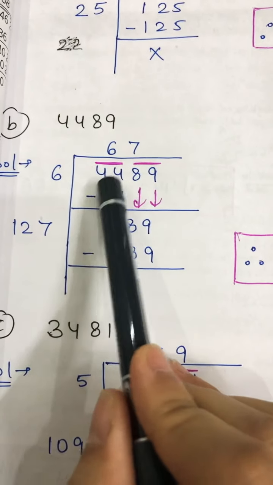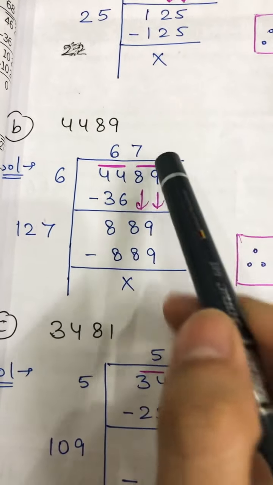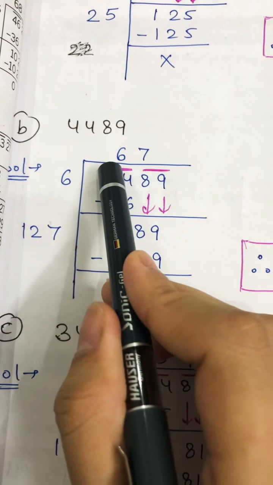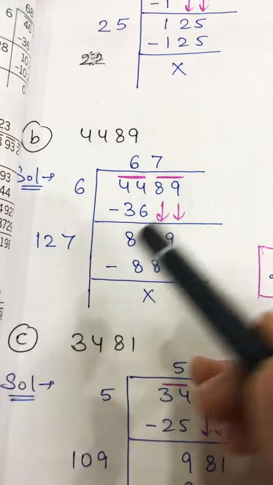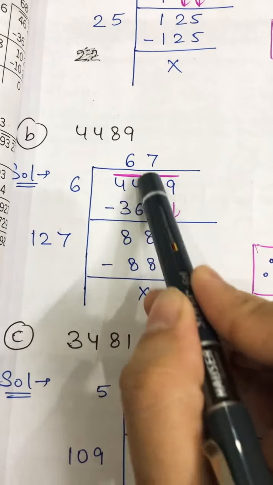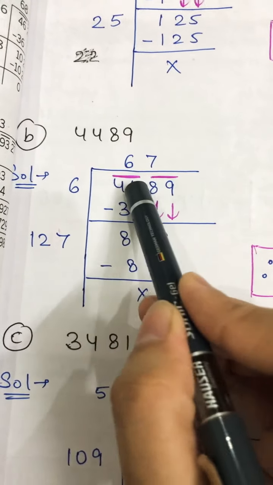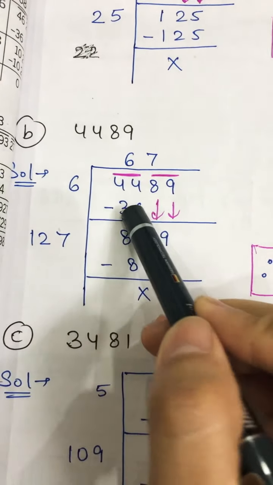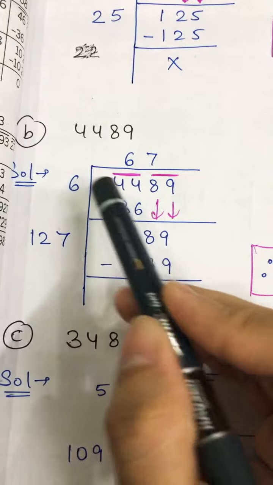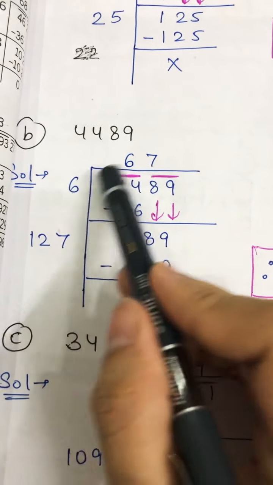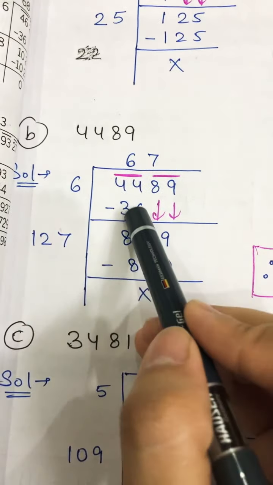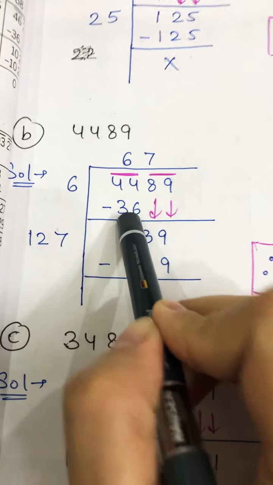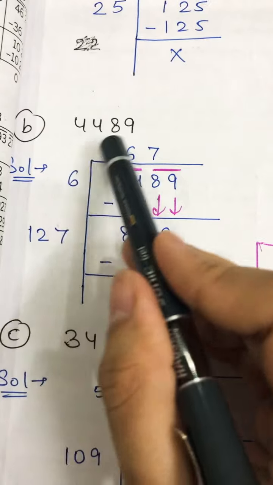So write here 4489. Now from the last digit, start making pairs. One pair and then one pair. Now you have to see these 2 digits. 2 twos are 4, 3 threes are 9, 4 fours are 16, 5 fives are 25, 6 sixes are 36, 7 sevens are 49. 49 will be bigger, so I will write 6 and place a 6 here.